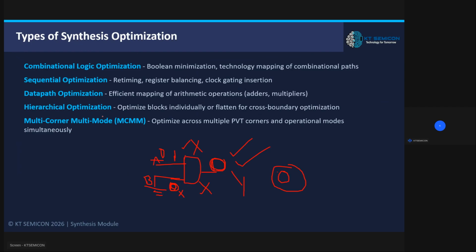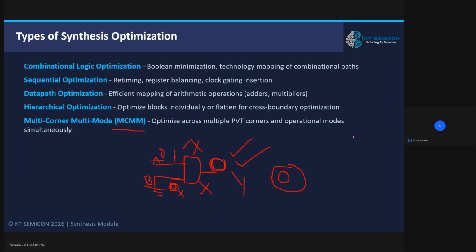And we have MCMM, meaning multi-corner multi-mode. For this case, we are checking the complete design, the complete logic. We have billions or millions of cells in our design, so all these cells are checked in different modes and different corners.